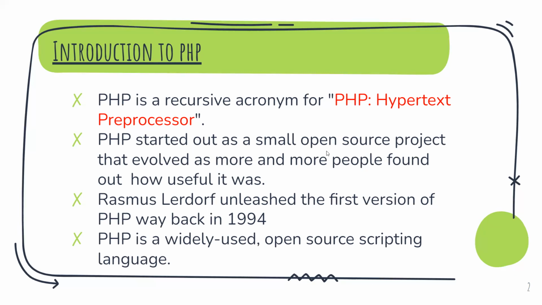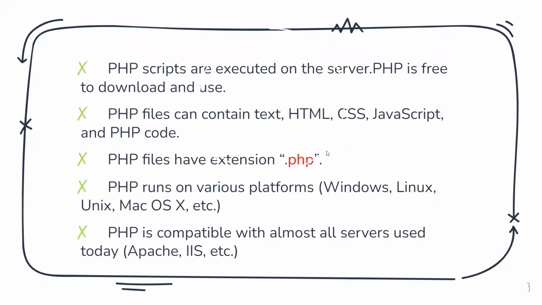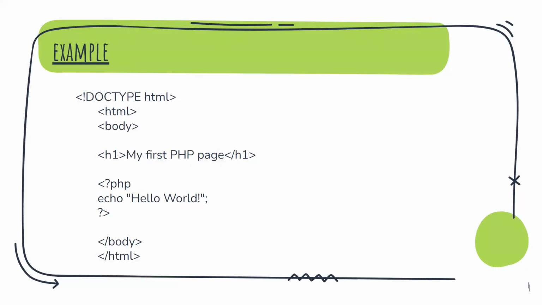It's an open source project, and whenever we wish to write some information in files, we have to use the .php extension to save it. PHP can be executed on various platforms such as Windows, Linux, Unix, Mac, etc. And this is a simple example of PHP.